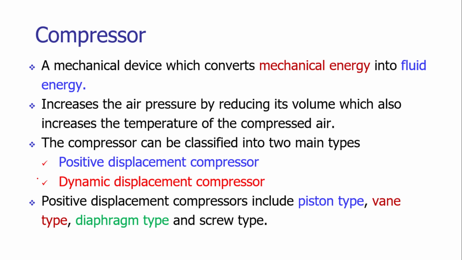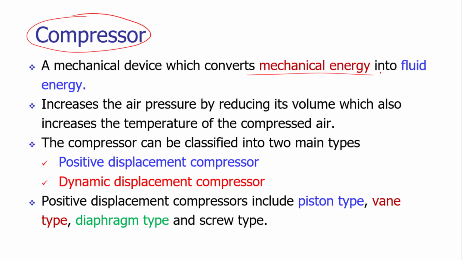Then we have an important element of the pneumatic system, that is the compressor. A compressor is a mechanical device which converts mechanical energy into fluid energy. We apply mechanical energy on the gas or air, and that applied energy is converted into fluid energy.